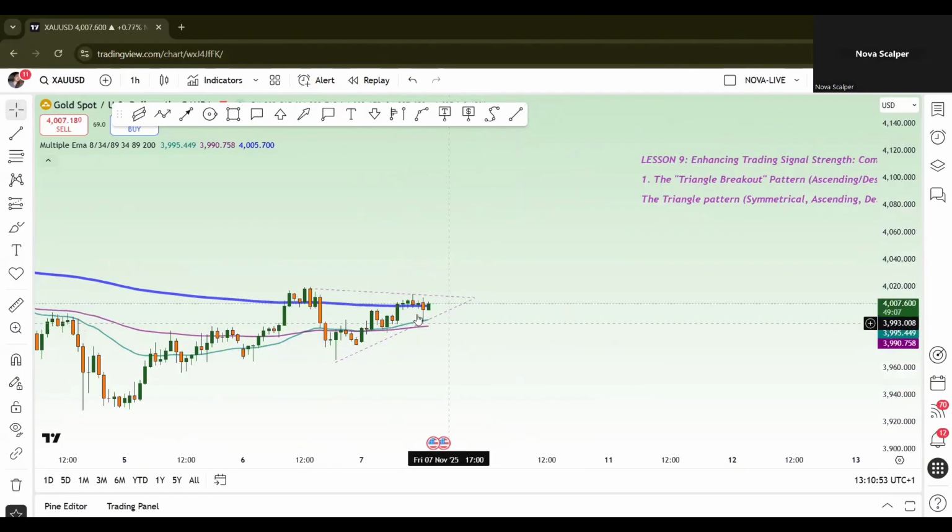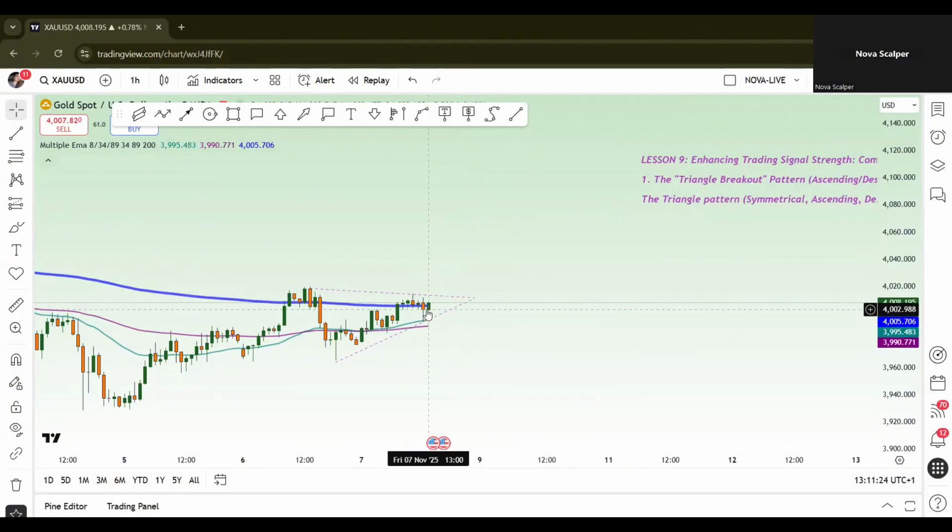Now you can see that the gold price is still moving in a narrow range, and the candle body of the current candlestick, with the other previous candlesticks, is lying on EMA 200. So this indicates indecision in the market, and we are waiting for a clearer trend to happen.